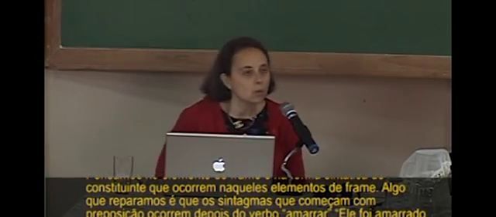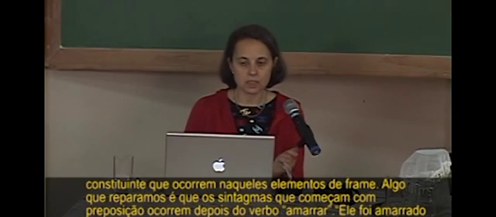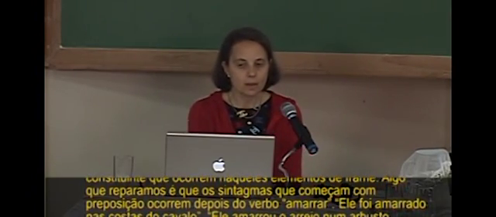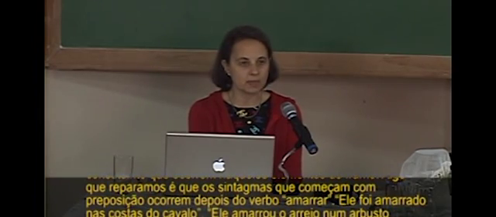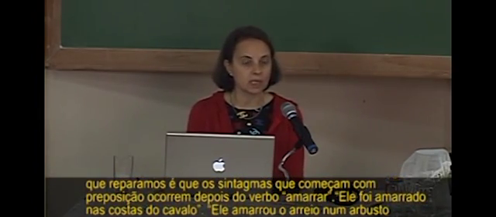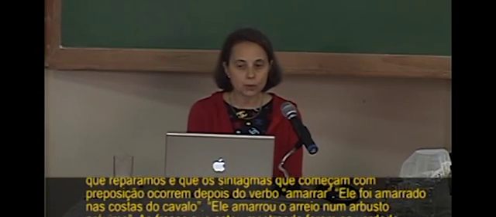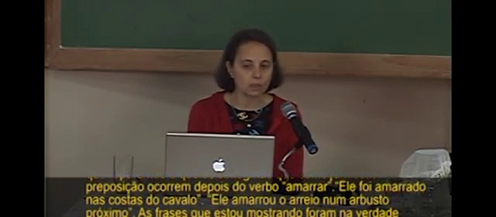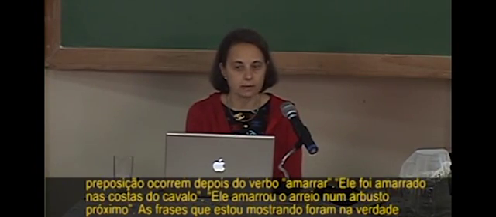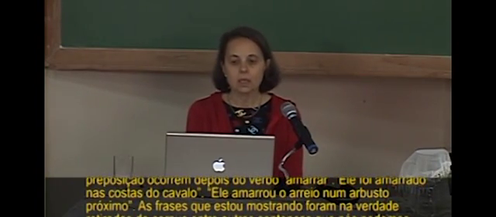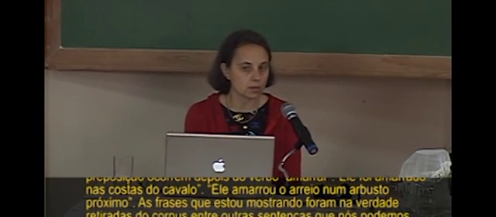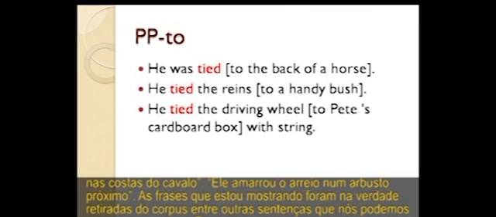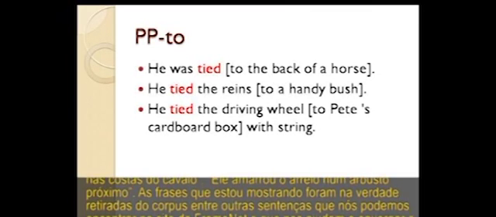Okay, so one thing we notice is that a prepositional phrase beginning with the preposition to occurs following the verb tie, as in, he was tied to the back of a horse. He tied the reins to a handy bush.